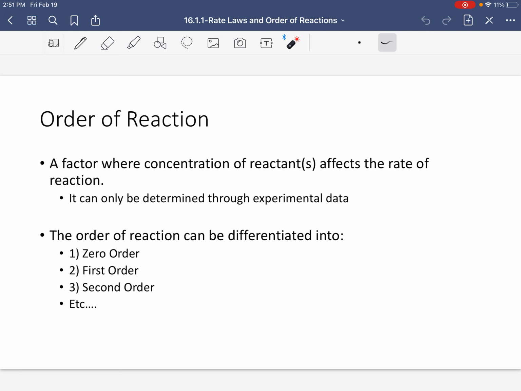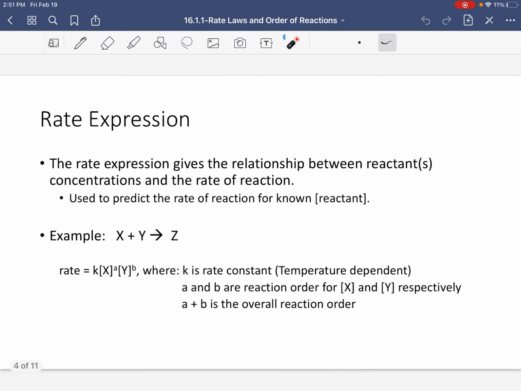Now, what are these orders? That's confusing. Let's say you have this reaction right here: X plus Y will give you Z. X has a certain concentration and Y has a certain concentration.